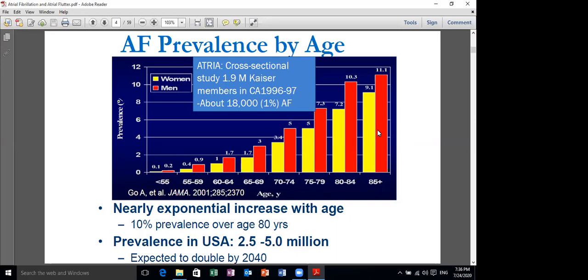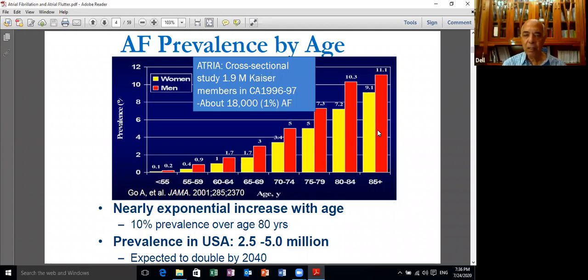So if you look, it's consistently more common in men than in women. Some people misinterpret the CHA2DS2-VASc score and think that it is a disease of females. The risk for stroke is more for females because most of the studies were including females at an older age.